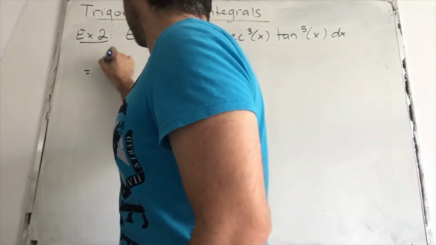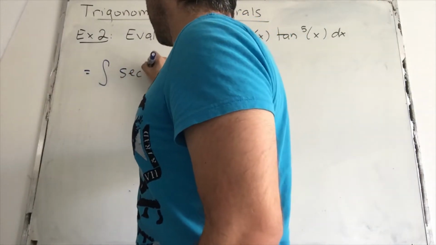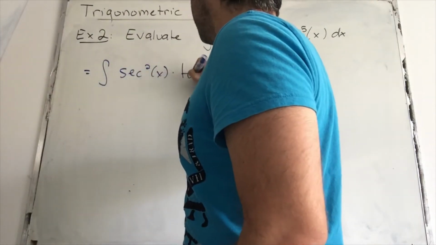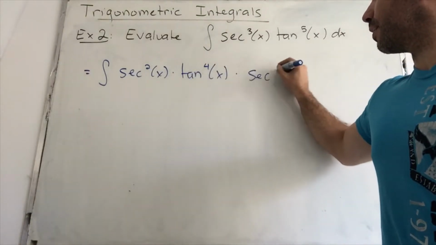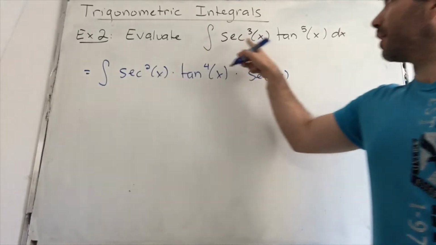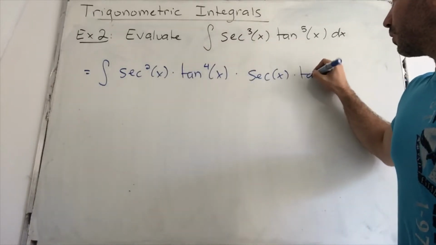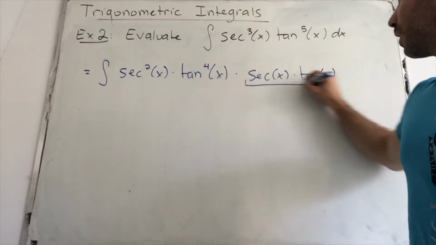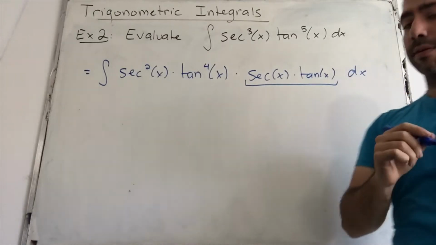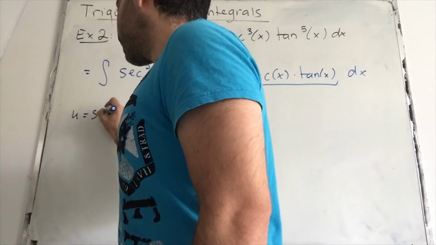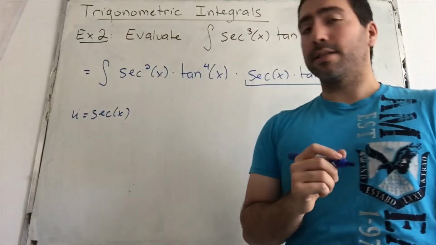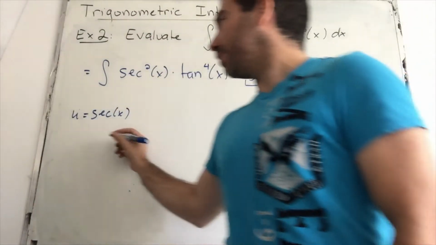So I'm going to write the integral as secant squared x times tan 4x, and I'm saving a secant times tan. So I removed one of the secants and I removed one of the tans, and this is what I'm saving. Okay, now I'm going to apply the u substitution, u equals secant x, and now we take the derivative to get du.